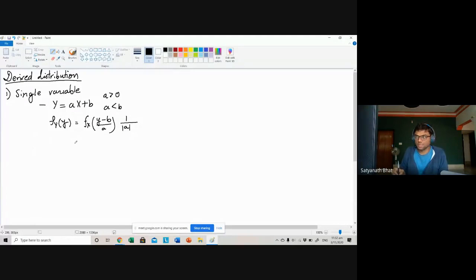So this was what we saw yesterday, and then we also did one more step. Suppose small y is equal to g of x, just like capital Y is equal to ax plus b, and g is monotone. Then since it is monotone, you also have x equal to h of y.